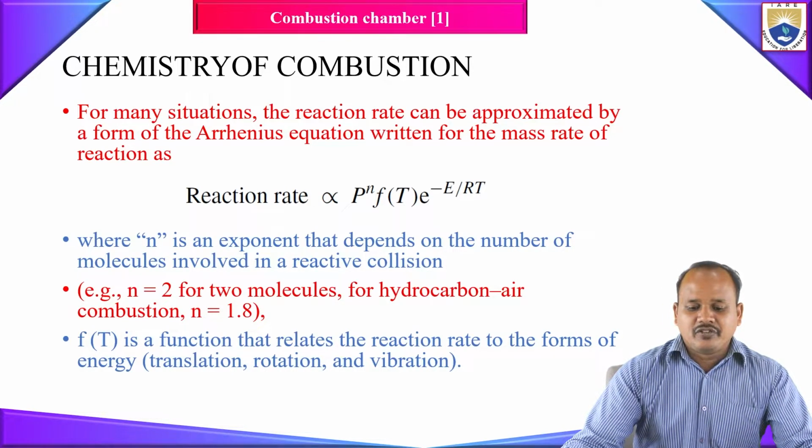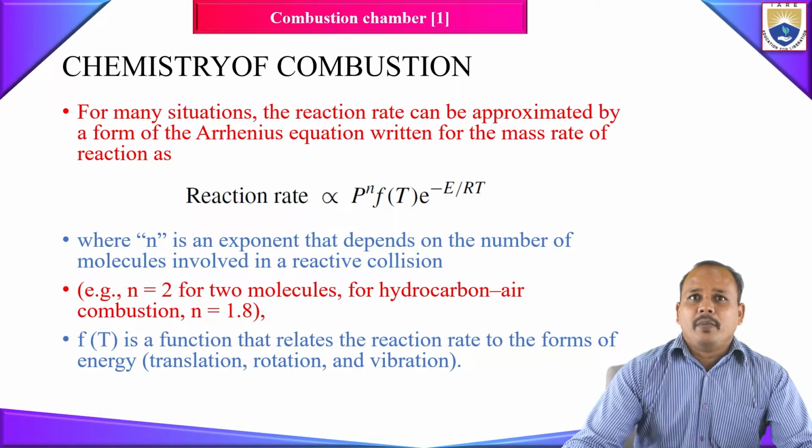This is an Arrhenius equation, which basically states what the reaction rate depends on. Your reaction rate is directly proportional to the pressure inside the combustion chamber and the temperature inside it. P here is the pressure and T is the temperature.